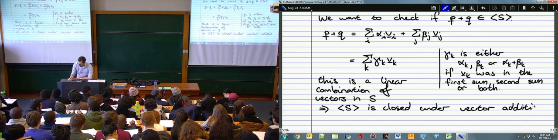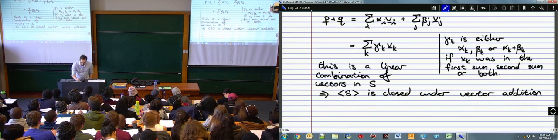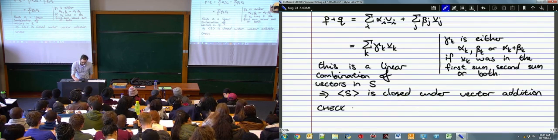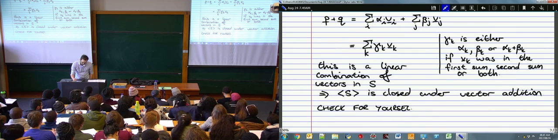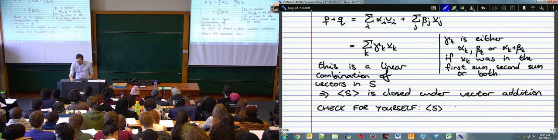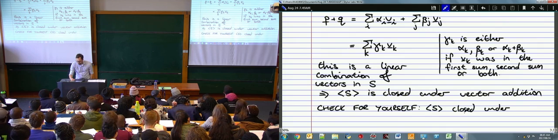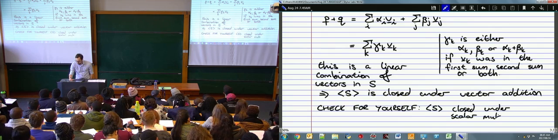And what we still have to do, and you can check for yourself, is that the set generated by S is closed under scalar multiplication, and really it's very obvious what's going to happen here.